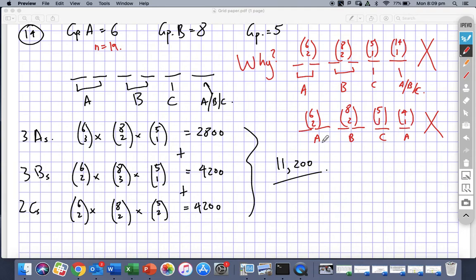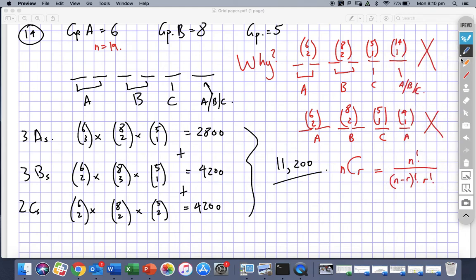Now, the reason is you have to group all your A's together. The reason is in the formula. This is our combinations formula. We've explained it in class.